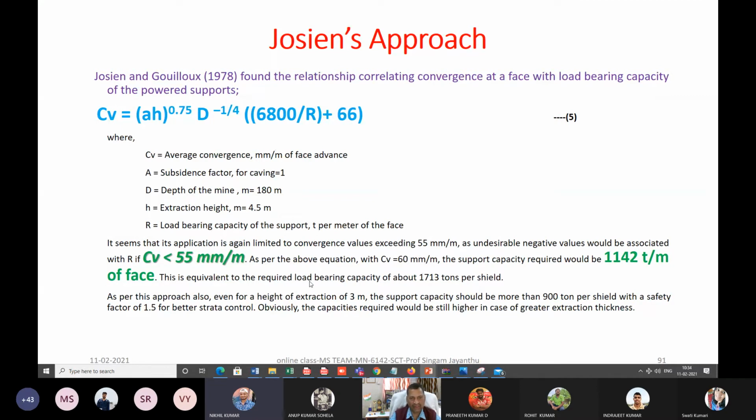This is equivalent to the required load bearing capacity of about 1713 tons per chock. As per this approach also, even for a height of extraction of 3 meters, the support capacity should be more than 900 ton per chock, with a safety factor of 1.5 for better strata control. Obviously, the capacities required would be still higher in case of greater extraction thickness.